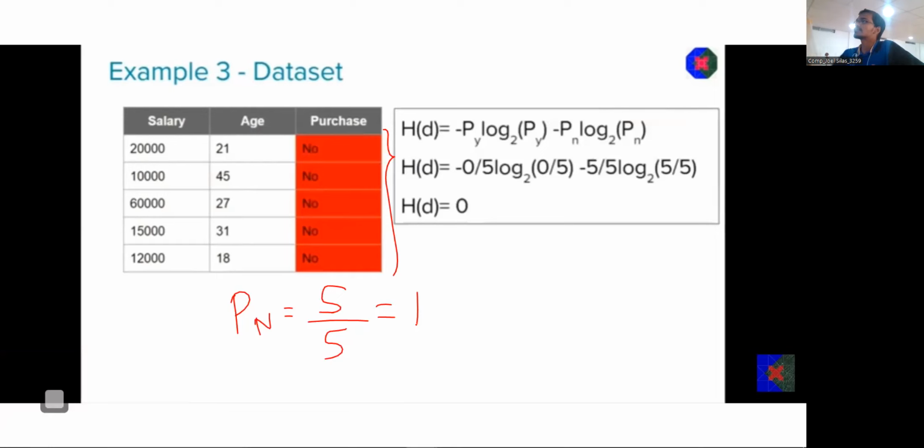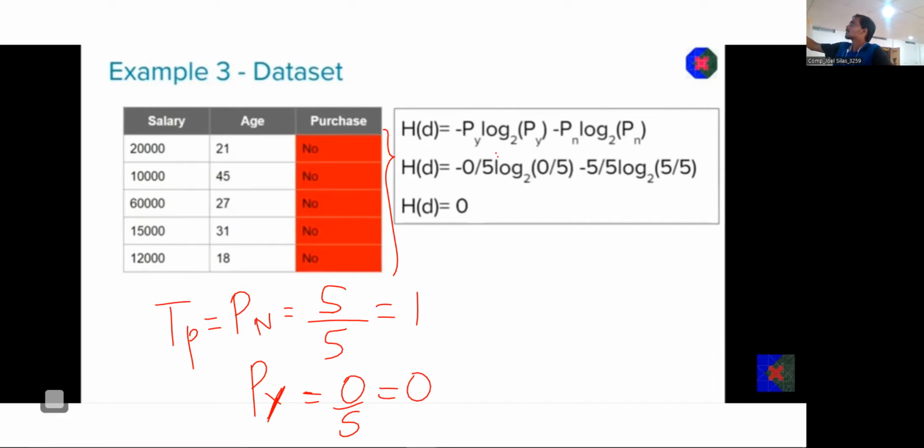Total probability is equal to the probability of only one category, which is 1. If probability of no is 1, probability of yes as per calculation also is 0 out of 5 times, which is 0. Hence, we can have probability of yes as 0 upon 5 and probability of no as 5 by 5.